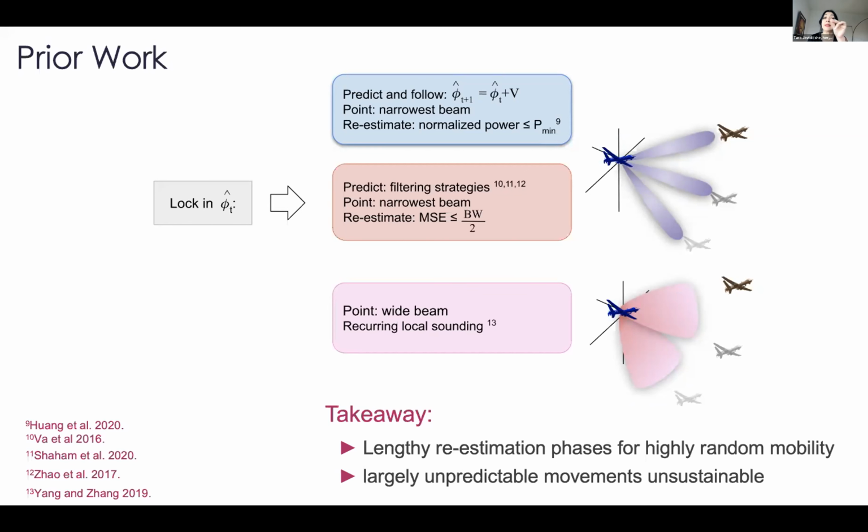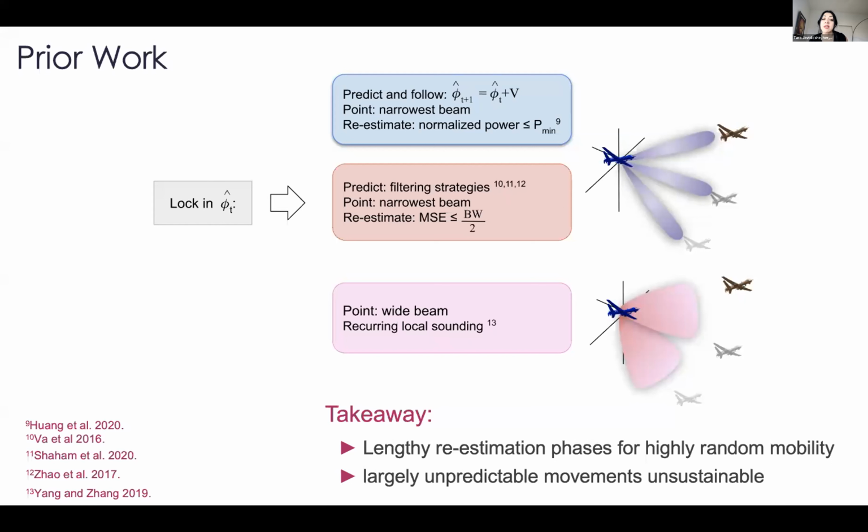They work with the narrowest beam to follow the transmitter. When a threshold on either normalized power or mean square estimate error shows the quality is not high, they say, I can't really communicate, and go to a pilot phase where they re-estimate the angle of arrival.